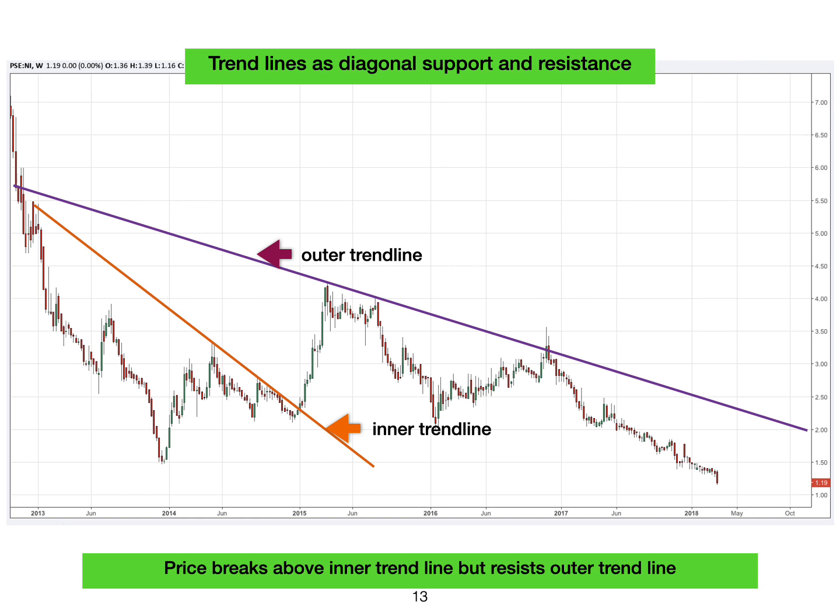When price breaks above the inner trend line, the next resistance is the outer trend line. So even if price was able to break above its short-term downtrend, it still has to face the medium-term or the long-term downtrend lines in order to create a trend reversal.